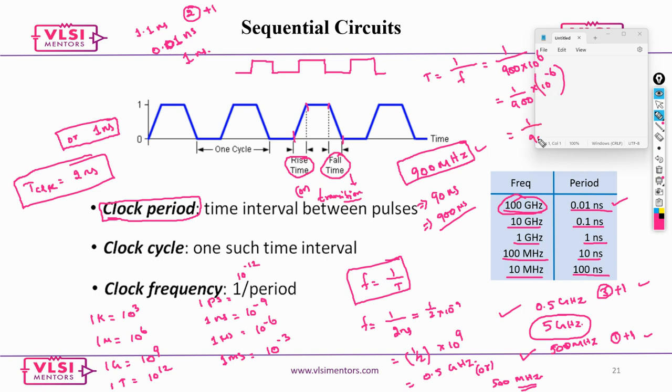Now 1 divided by 900, so this is in microseconds. In the calculator it is coming as 0.00111 into 10 to the power of minus 6. Moving three places, it becomes 1.11 into 10 to the power minus 9, which is 1.11 nanoseconds.